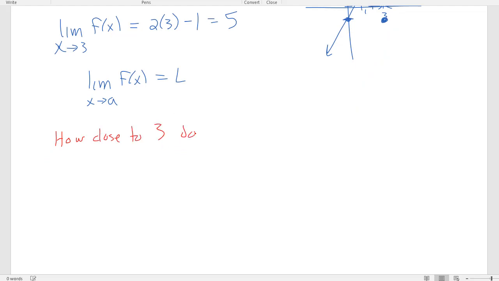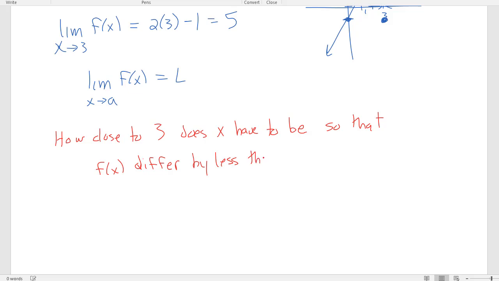does x have to be so that, let's say, the y values, f of x, differ by less than, let's say, 0.1. Okay, so pause the video real quick just to fix my sentence.